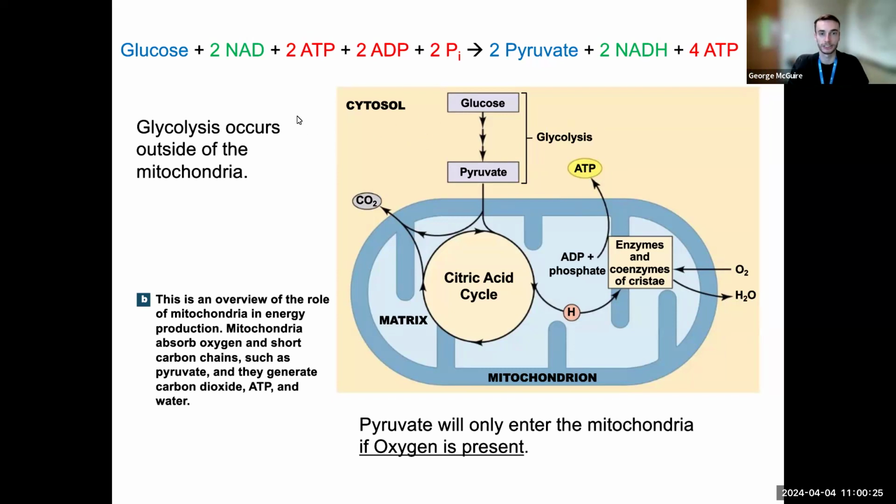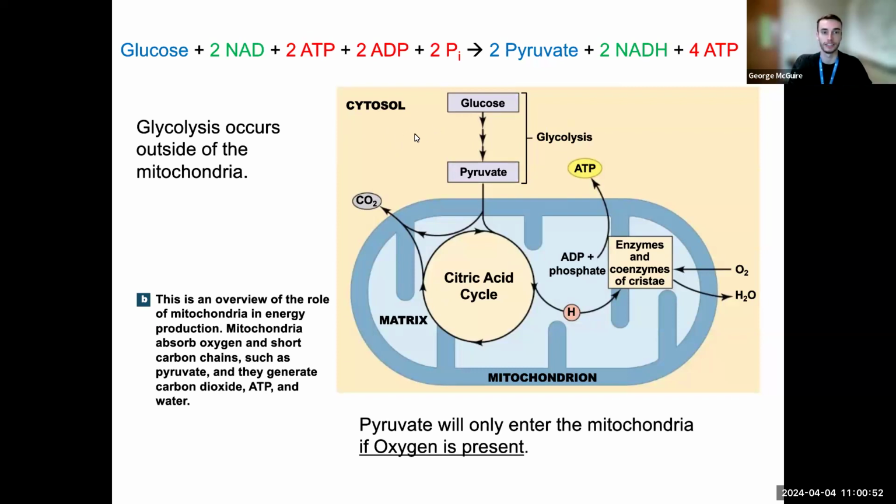And so that all starts with a glucose molecule in our cytoplasm, or in our cytosol, sorry. Cytoplasm is referring to all of the molecules in the entire internal portion of a cell, really, so including the organelles. The cytoplasm is everything that's in the cell. Cytosol is essentially the liquid in between all of the different organelles.